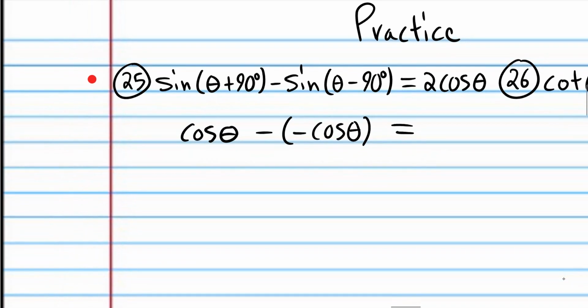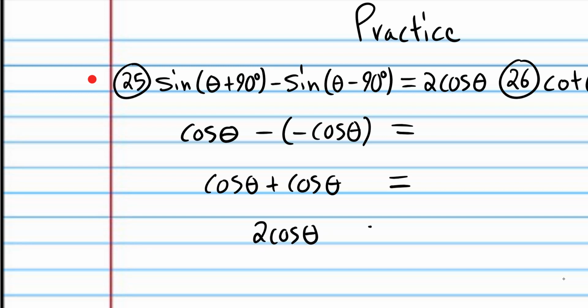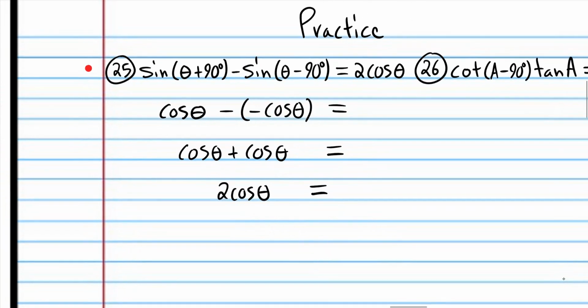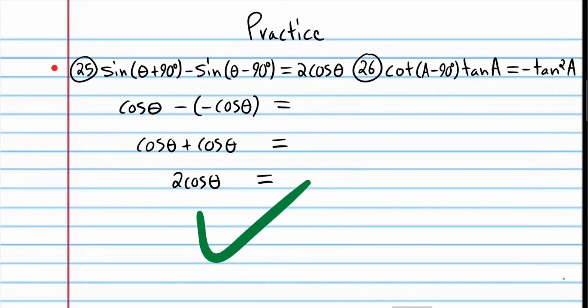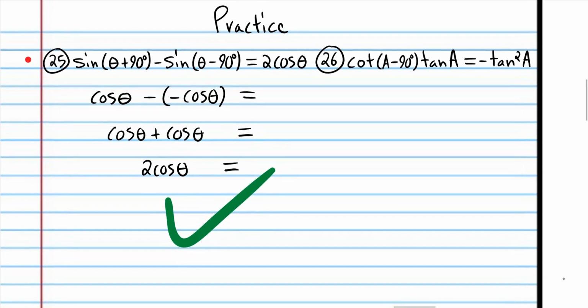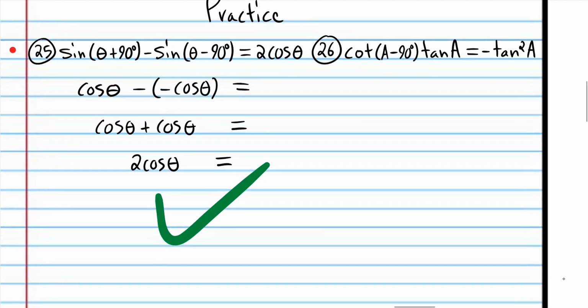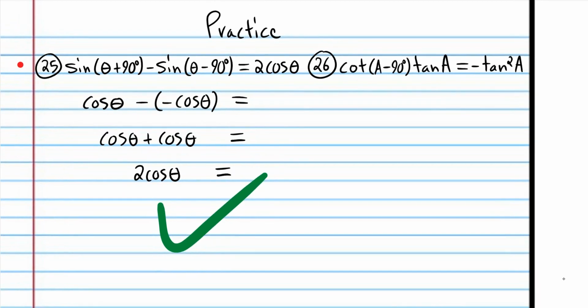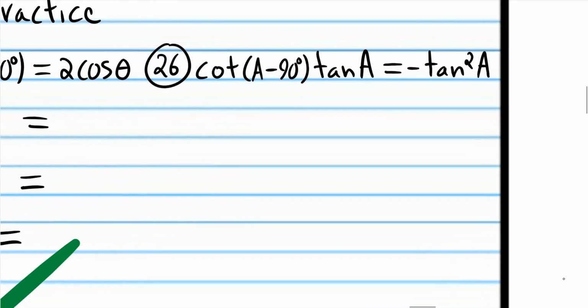So we have a double negative, and we get 2 cosine theta. So again, most people just memorize these identities. But if you forget the identities, we're going to learn the sum and difference methods for finding the values of these identities or deriving these equations.